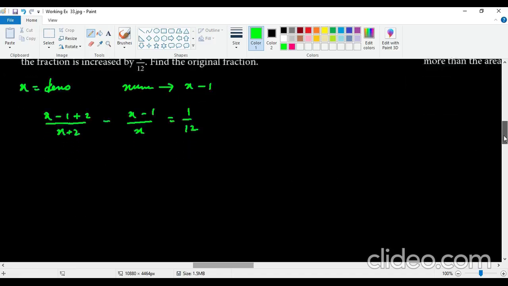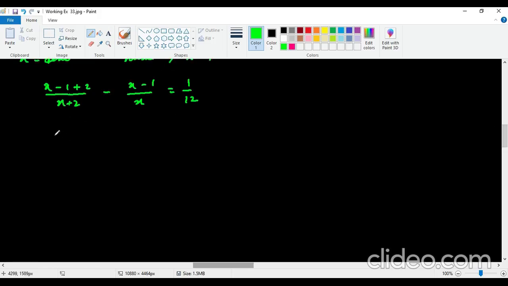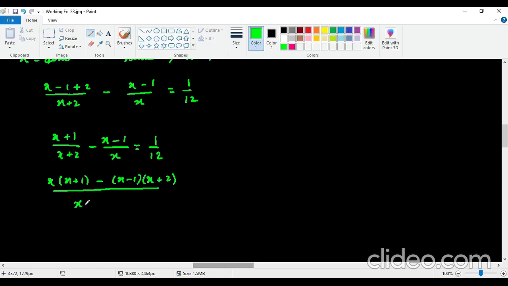Simplifying the fraction on the left hand side: x plus 1 over x plus 2 minus x minus 1 over x equals 1 over 12. So when we cross multiply, x will be multiplied by x plus 1, minus x minus 1 multiplied by x plus 2, over x multiplied by x plus 2.